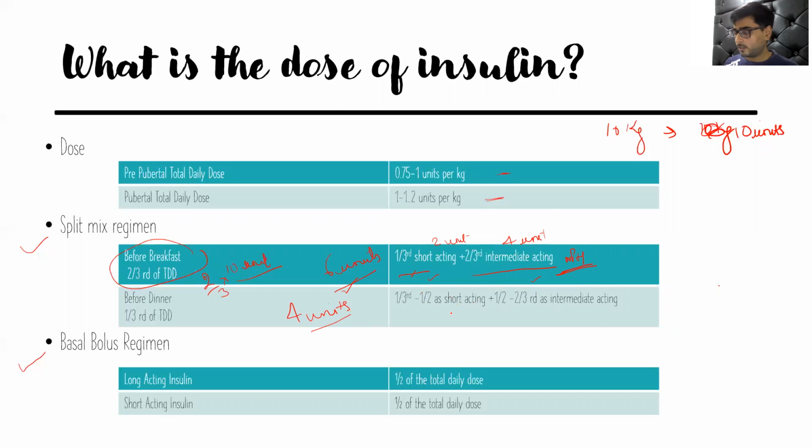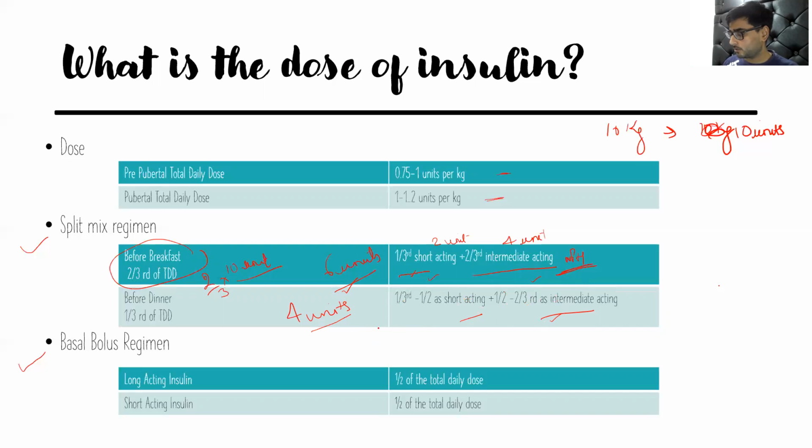Now again 1/3 as short acting insulin and 2/3 intermediate acting, or we can do it as half and half. Why half? I'll be telling in further slides. So if we see, 1/3 short acting and 2/3 as intermediate acting, roughly we can say 1 and 3 units.